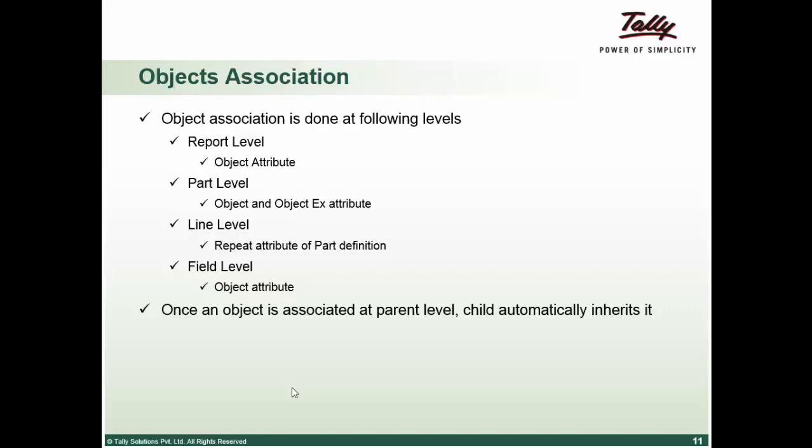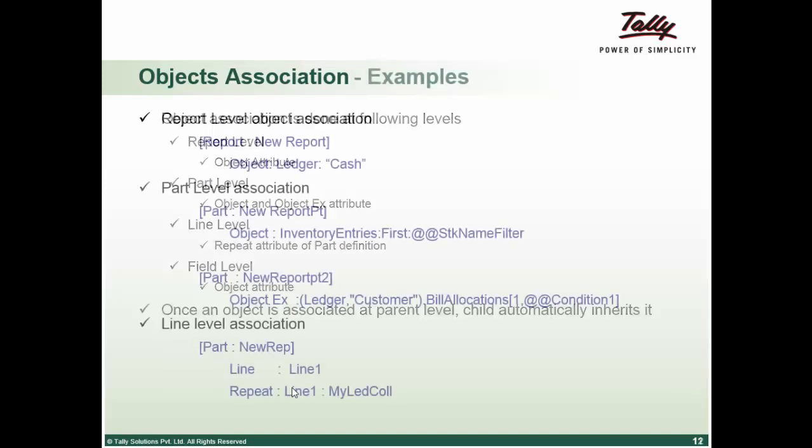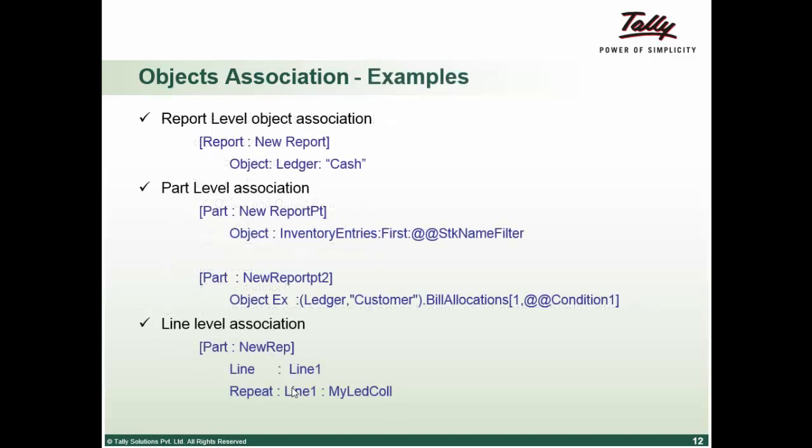So during any formula evaluation, if the formula fails in the context of the primary object, then the second order object is used. Basically, at field level, whatever formulas and method formula syntax we provide, the evaluation of the value will happen on the parent line or the part. But in case that evaluation fails, then the secondary object specified at the field level will be looked upon. These are a few examples which you can refer to.